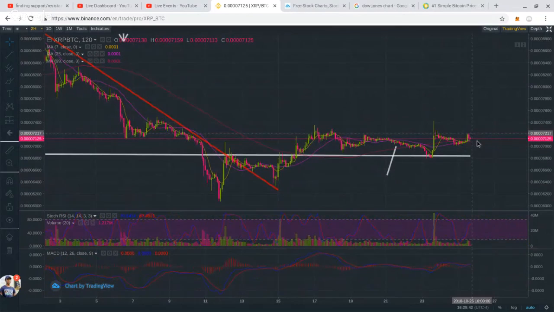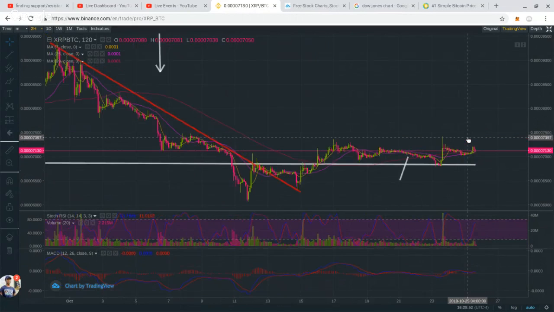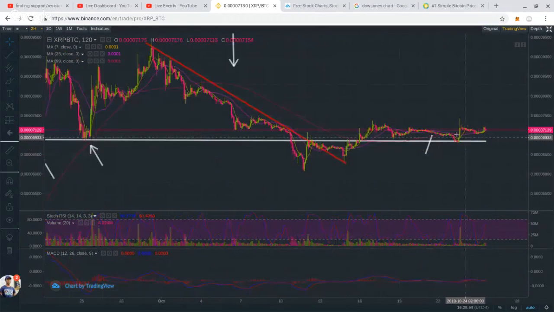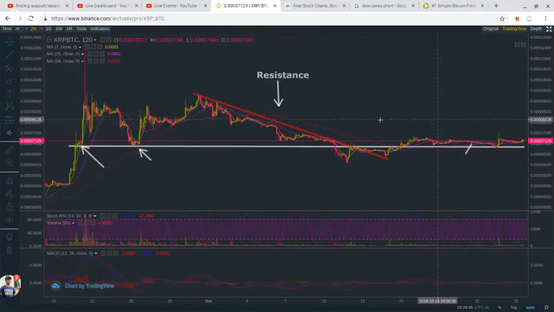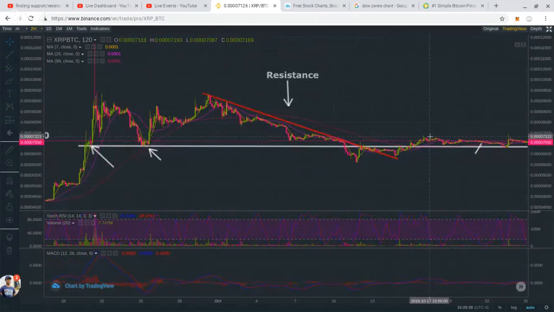So now what's happening with XRP is it's going to go find a new support line, which will probably be, just looking at this real quickly, I would say the next support is going to probably be around this right here.